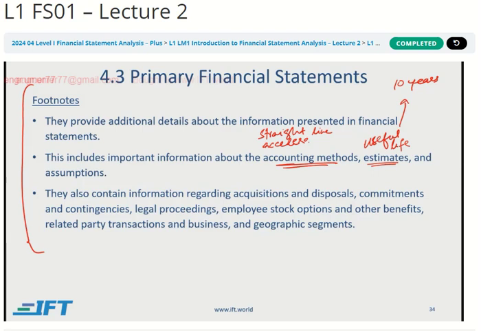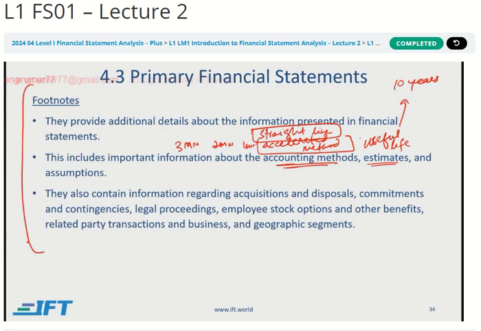And don't worry about this, all of this will be discussed in detail. I'm just giving you an example that even with depreciation you can equally divide across the 10 years. That is called the straight line method. Or you could use the accelerated method, in which you will record higher amounts of depreciation in the earlier years and then lower amounts in the later years. So there are different accounting methods that can be used.